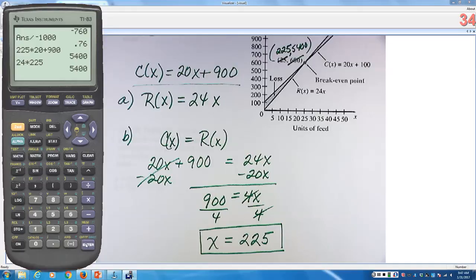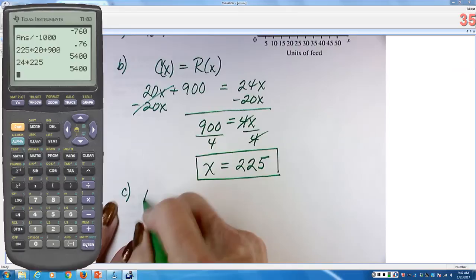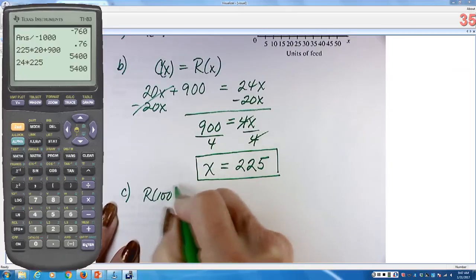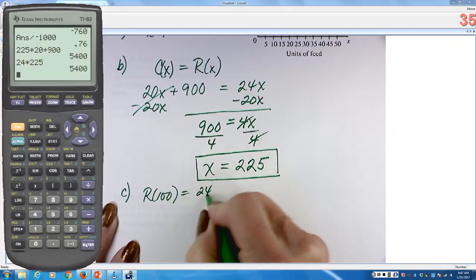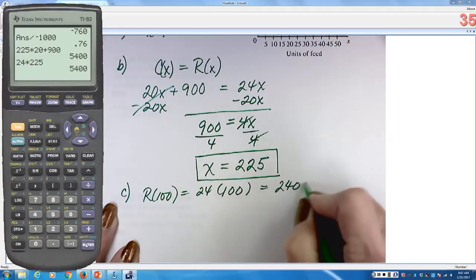So part C says, what's the profit for 100 units of feed? Well, for 100 units, your revenue is 24 times 100, which is $2,400.